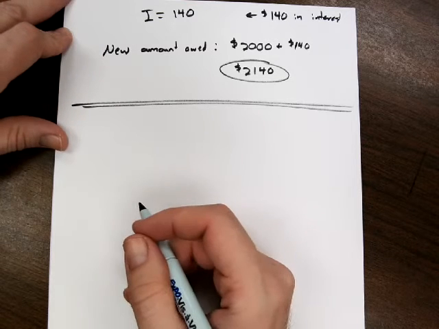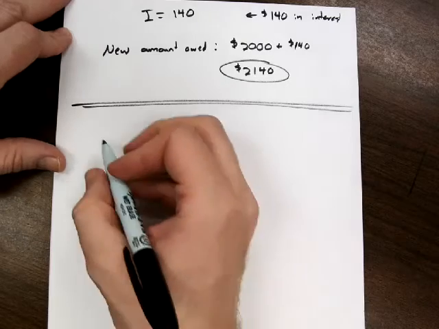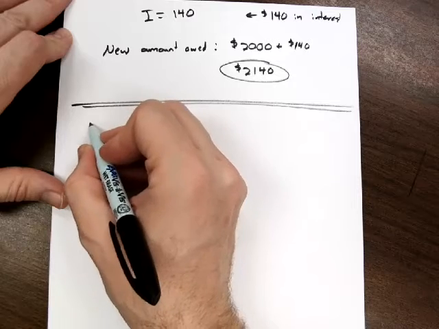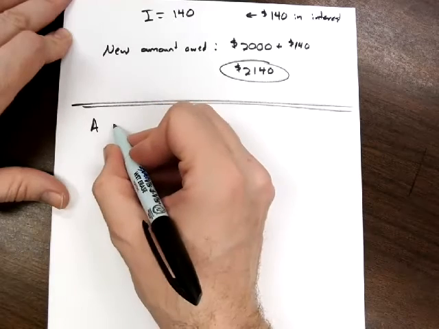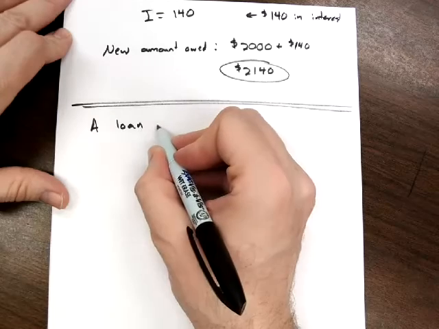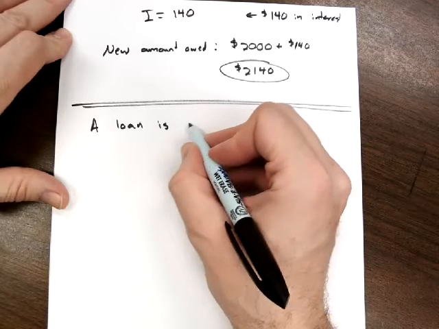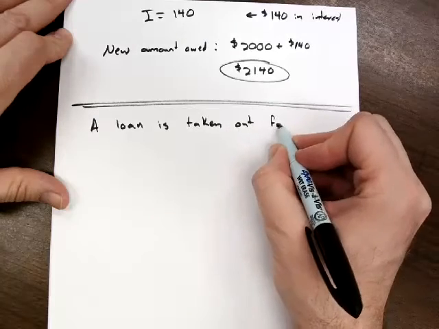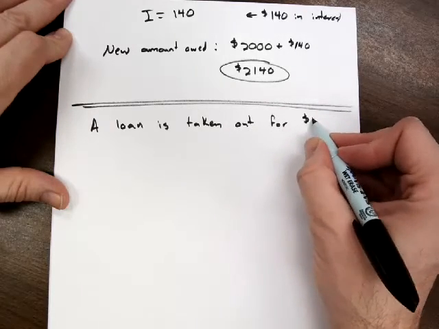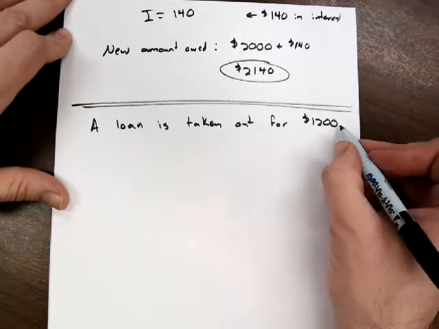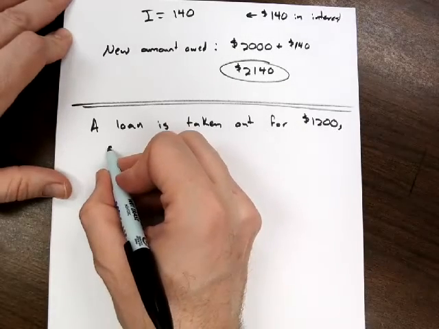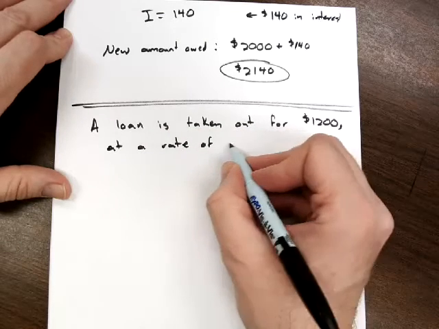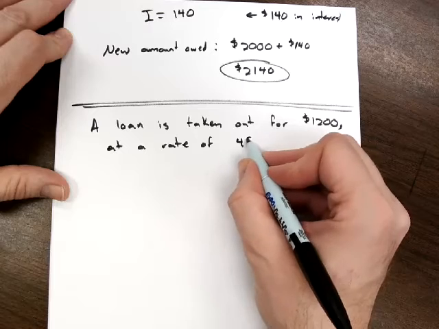Let's say that a loan is taken out for $1,200 at a rate of 4% per year.